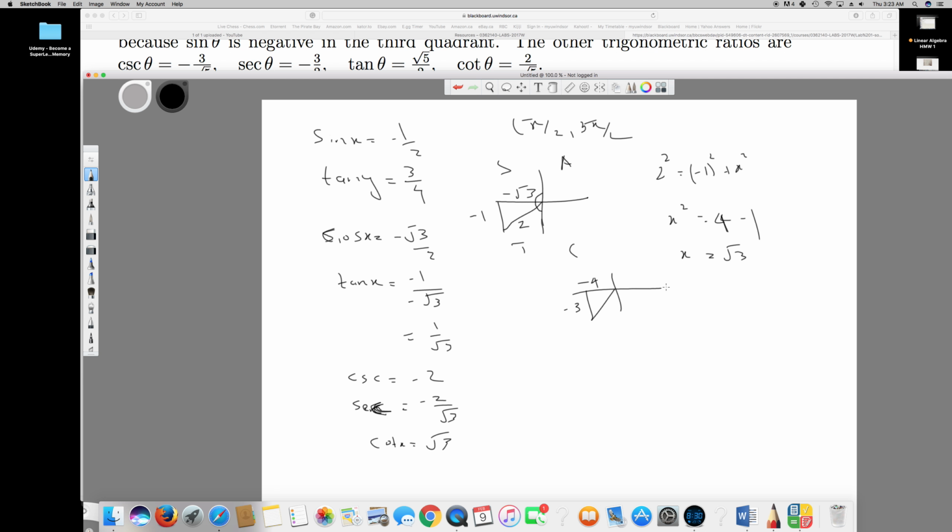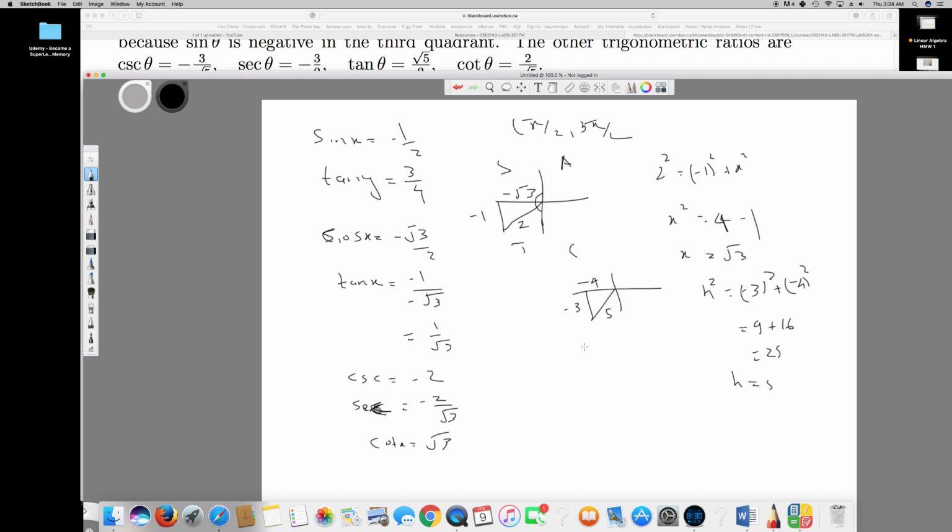Since we have opposite and adjacent, we can use the Pythagorean theorem to find the hypotenuse. h squared is going to be minus 3 squared plus minus 4 squared. Minus 3 squared is 9, 4 squared is 16, and both give us 25, so h is equal to 5. So 5 is going to be my hypotenuse.